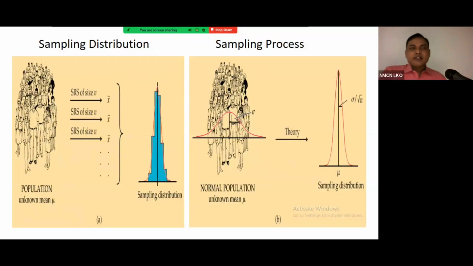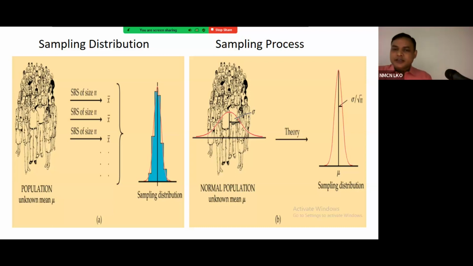So what is actually the sampling process? The sampling process says that if we have a population, and from that population we take a sample of size n through simple random sampling, and we do this repeatedly, then we can find out the sampling distribution.